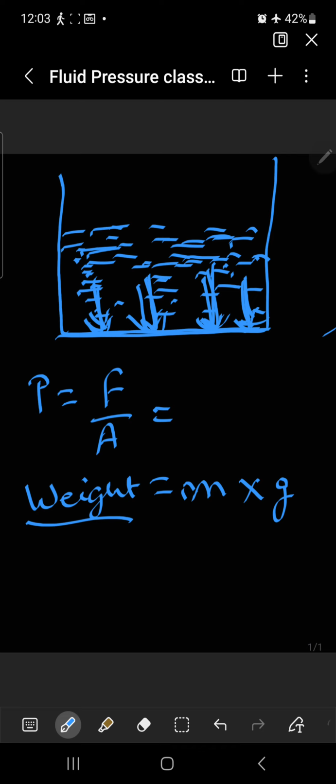Got it? So this force or thrust is due to the weight of the fluid, and this weight is equal to mass into acceleration due to gravity, right?